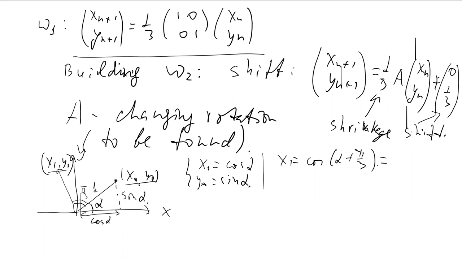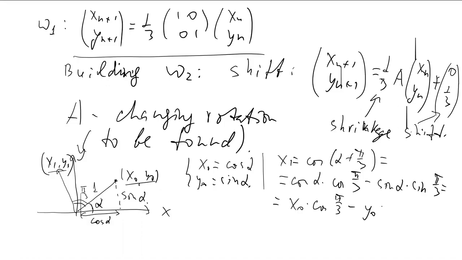Using trigonometric identities, it is cosine alpha times cosine pi/3 minus sine alpha times sine pi/3. And this is x0 times cosine pi/3 minus y0 times sine pi/3.